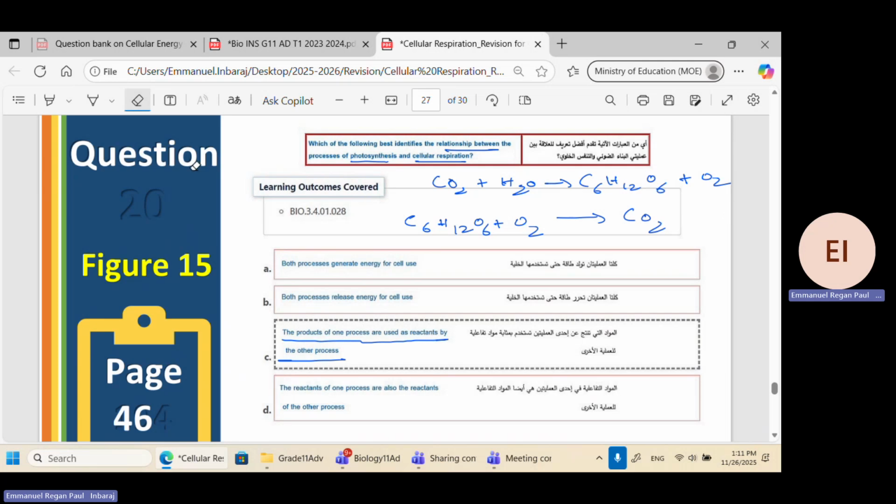Now look here. This is the reactant of photosynthesis and it is a product of respiration. This is the product of photosynthesis and this becomes the reactant of respiration. So the product of one process are the reactants of the other process. So that is the answer.